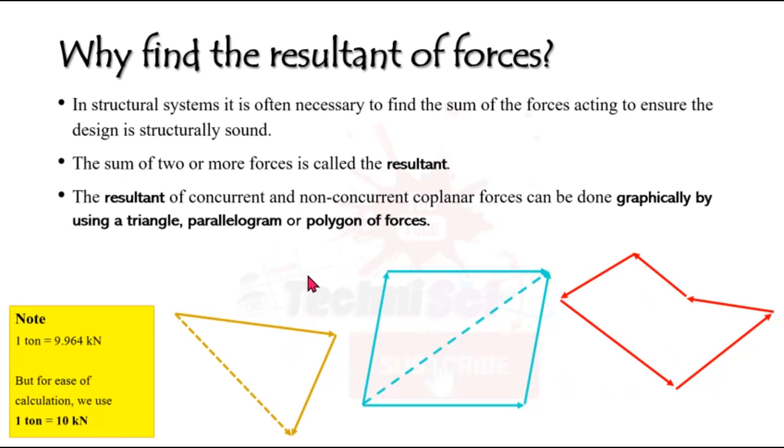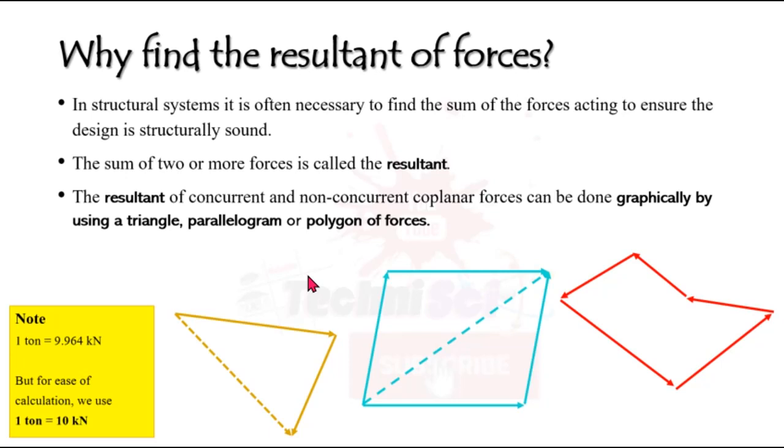Note, many times in questions, you will see the value for the force being a ton. So just to give you an equated value, 1 ton ideally is 9.964 kilonewtons. The value continues beyond the 4, but I rounded it to 3 decimal places.